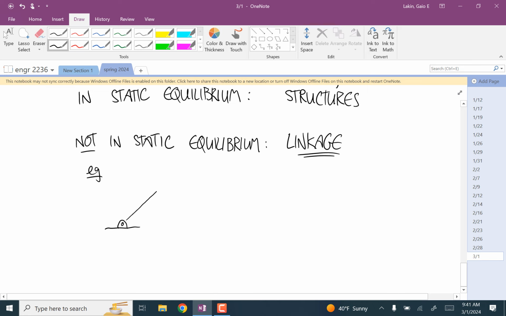But imagine something like this, where this is a pin joint. Now, if you apply a force, this thing is going to have accelerations, and that's what we're going to calculate next.